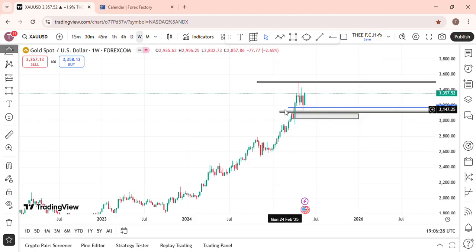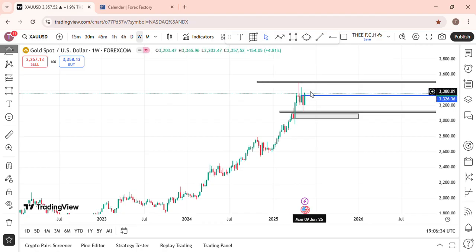The market went up and closed above last week's high. Now if you check above there, you can see we have a lot of sell side liquidity. So there is high probability we are going to get a new high very soon.